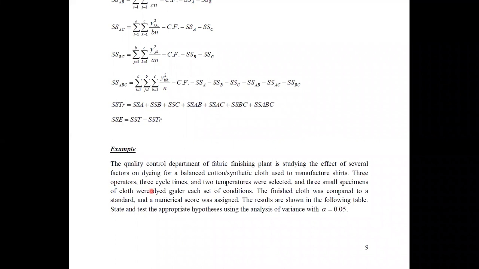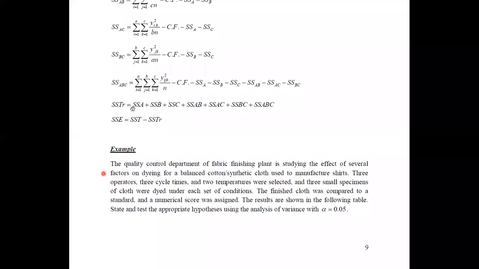Operator is one factor, cycle time is one factor, and temperature is the third factor. Three small specimens of cloth were dyed under each set of conditions, so under each condition they have repeated it for three specimens. Therefore, there are three replicates used for this experiment.